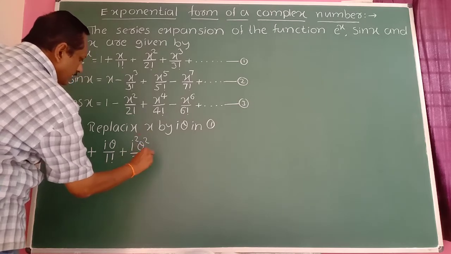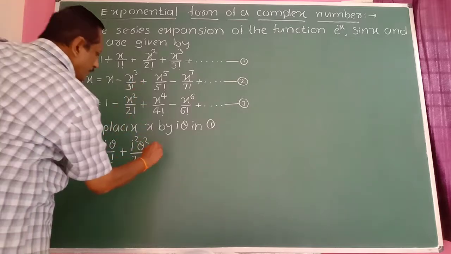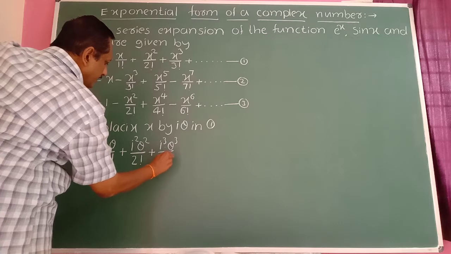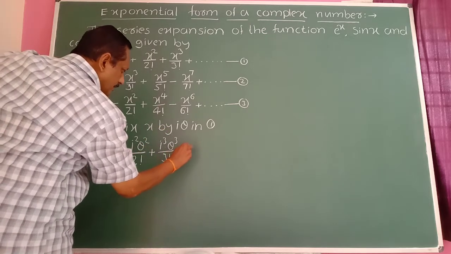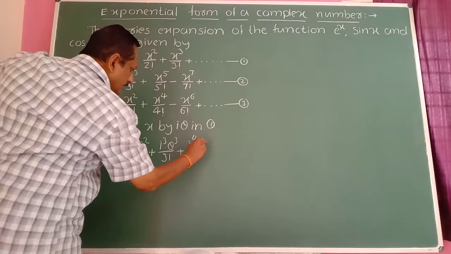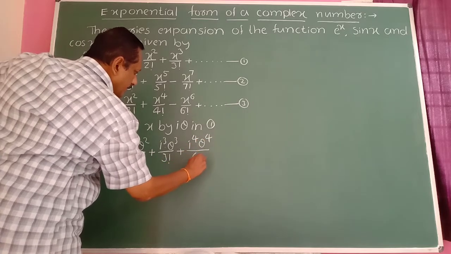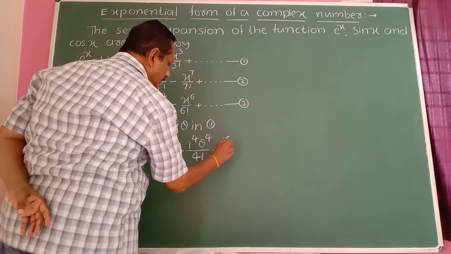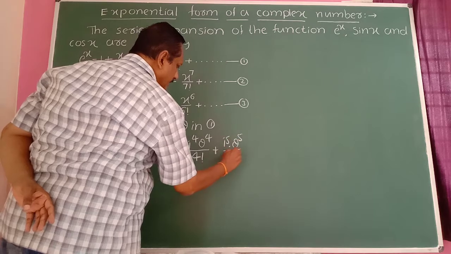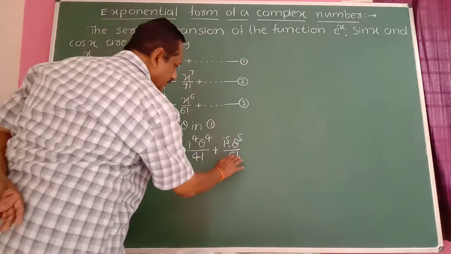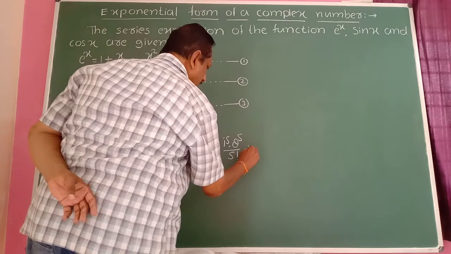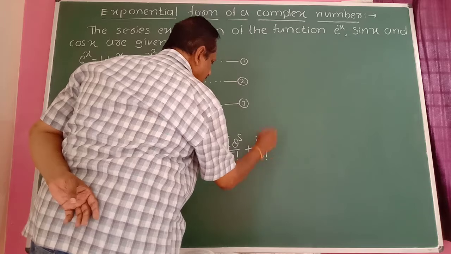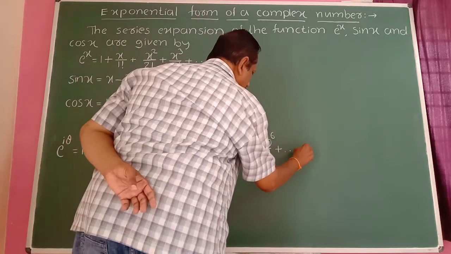Then plus i cube theta cube divided by 3 factorial, plus i raised to 4 theta raised to 4 divided by 4 factorial, plus i raised to 5 theta raised to 5 divided by 5 factorial, plus i raised to 6 theta raised to 6 divided by 6 factorial, and so on, continue like that.